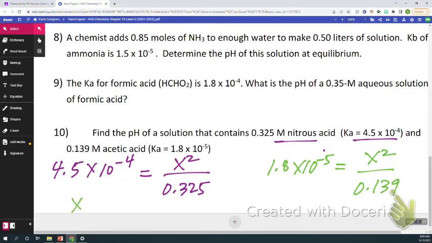For this, for the purple, I'm getting x equals 0.01209. For the next one, I got x equals 0.001581771. Add the two together.